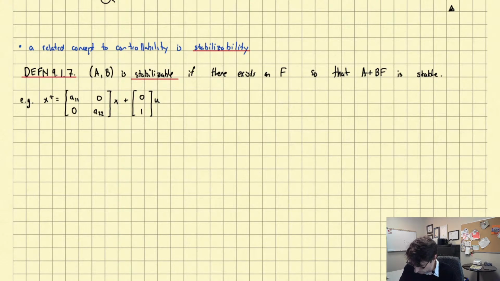Okay? So let's make that even a little bit more clear. Suppose I take f equal to, as usual, f1, f2. Then if I look at the closed loop eigenvalues, I'm going to get the following.